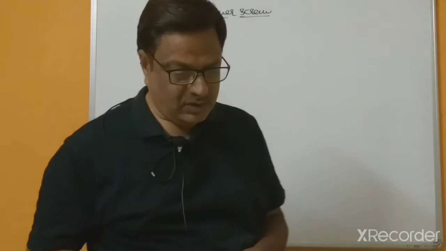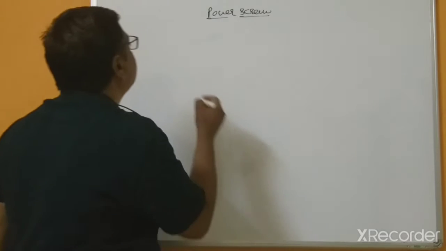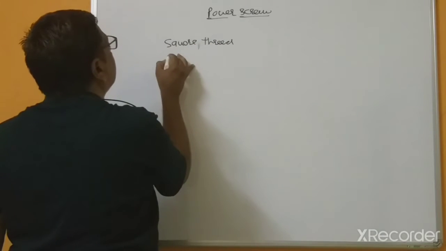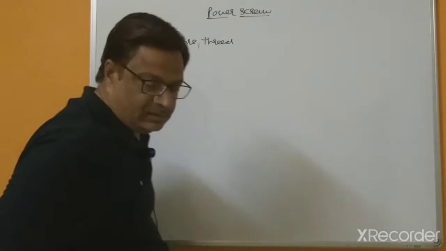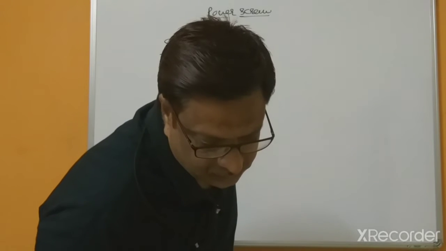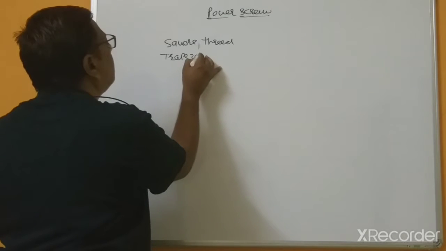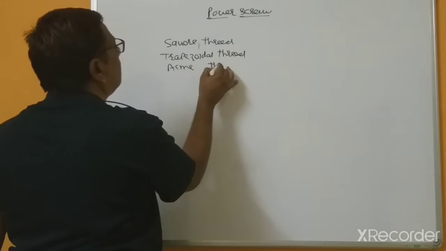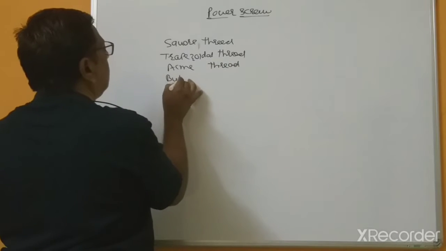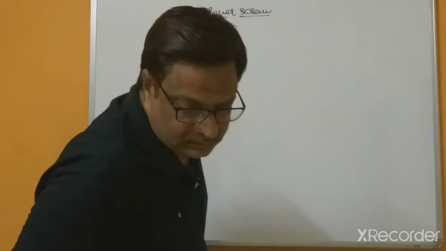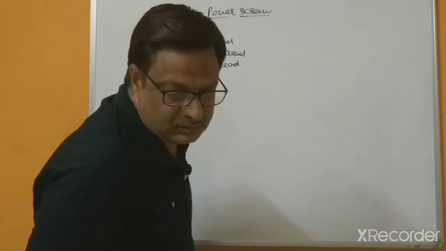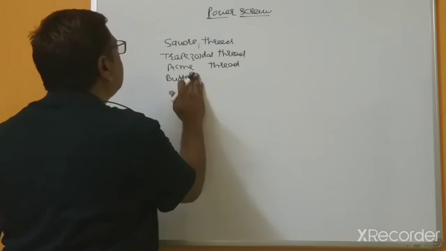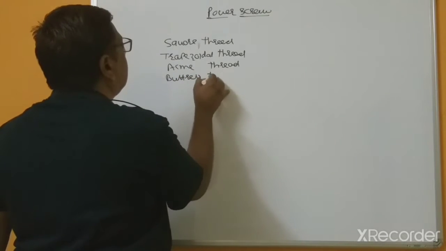So, in the power screw, what are the different types of threads? The threads are square thread, trapezoidal thread, Acme thread, and buttress thread.